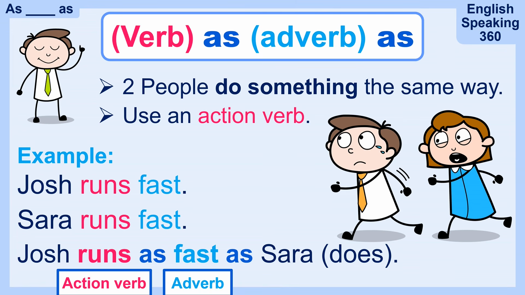I know many of you will say, but teacher, fast is an adjective. It can be an adjective, but in this case, it is an adverb because it gives more information about a verb. And remember, we never say fastly. It's not a word in English. The adverb is fast. And finally, the optional auxiliary. Josh runs as fast as Sarah, or Josh runs as fast as Sarah does.